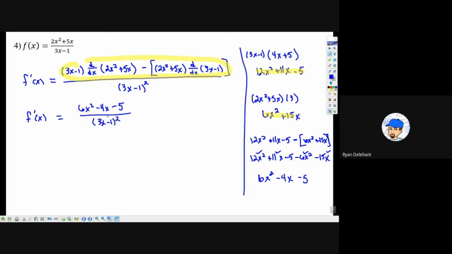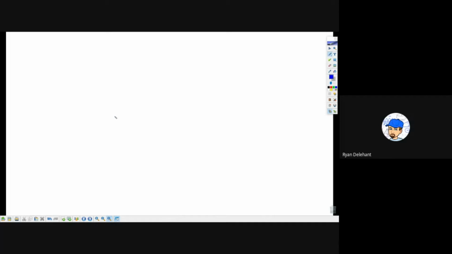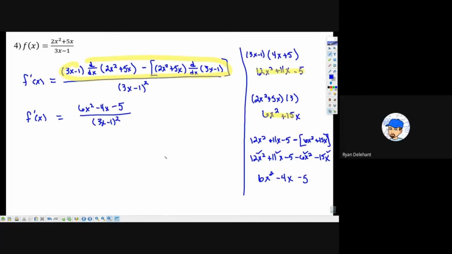Now we do need to try to factor this thing, so we need to look, are there factors of 30 that have a difference of negative 4? So we have 1 and 30, 2 and 15, 3 and 10, 5 and 6.